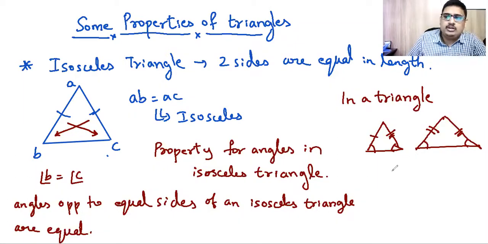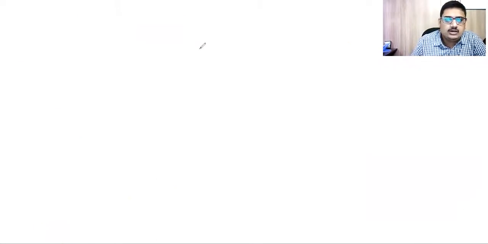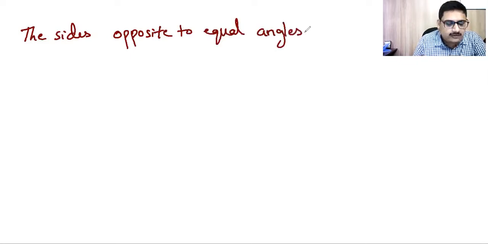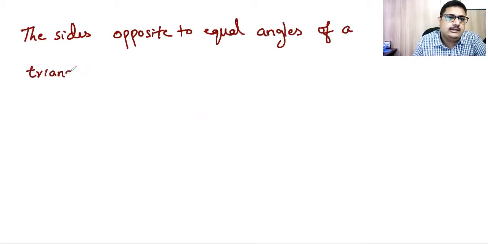So the counterpart. What is the counterpart of that? That is the sides. The sides opposite to equal angles of a triangle are equal.